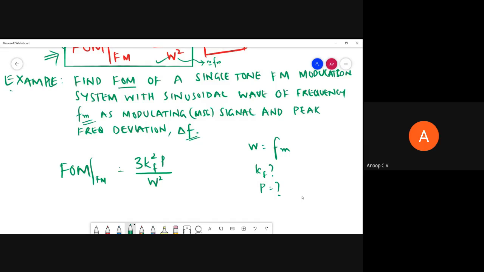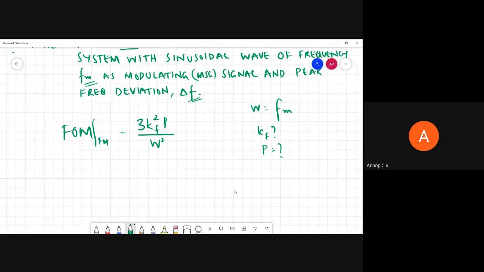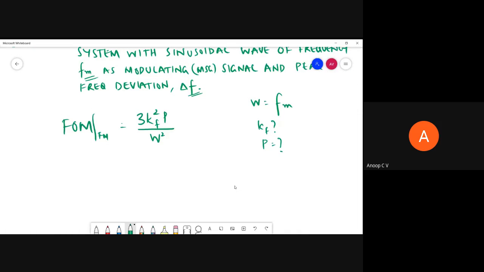For that, maybe we'll start by writing the standard time domain expression of FM. The standard time domain expression of FM will be Ac cos(2 pi fc t plus 2 pi kf integral from 0 to t of m of tau d tau).